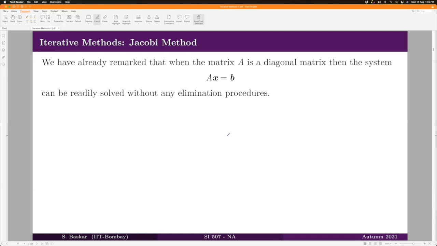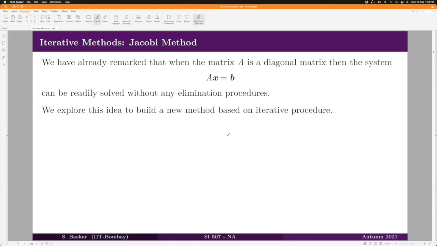Out of these three, the simplest one is the diagonal matrix system, in which we don't even need to go for either forward substitution or backward substitution. The solution comes directly, right? So just imagine if every system that we deal with is a diagonal system, then we don't need to go for the elimination process, which is the costliest part in the direct method, right?